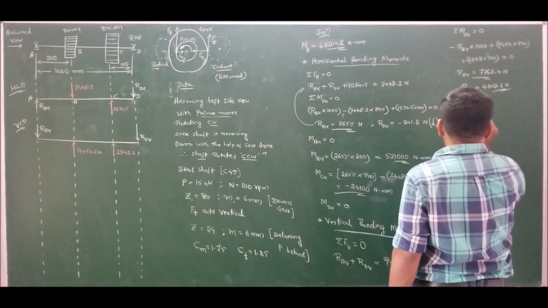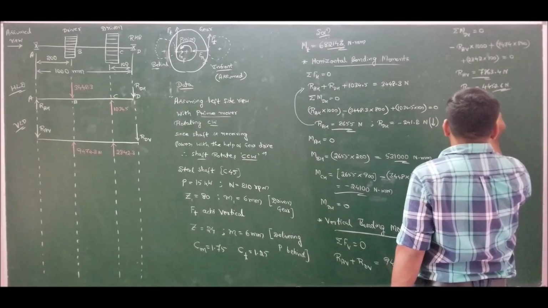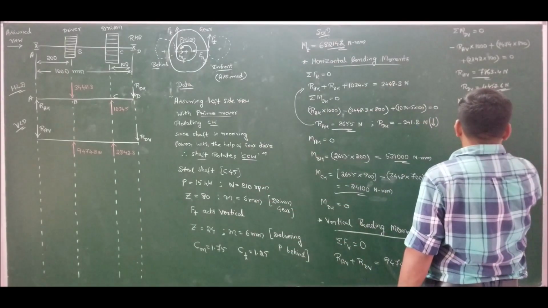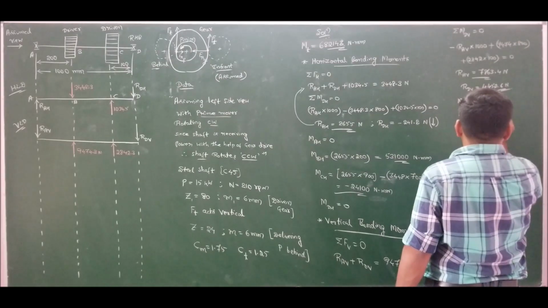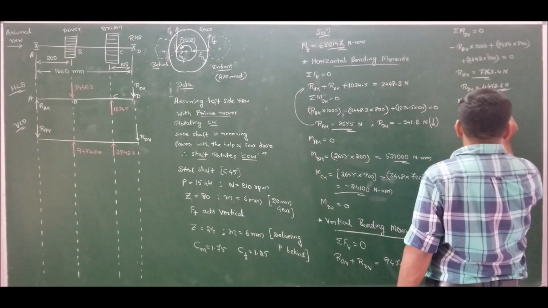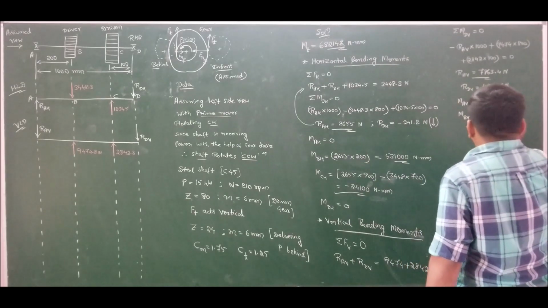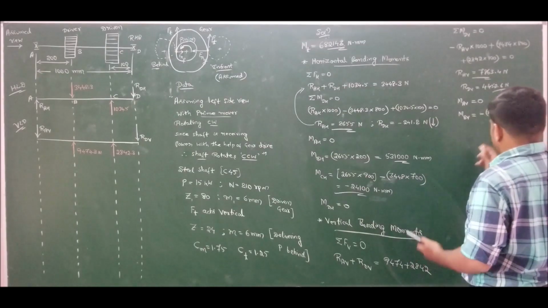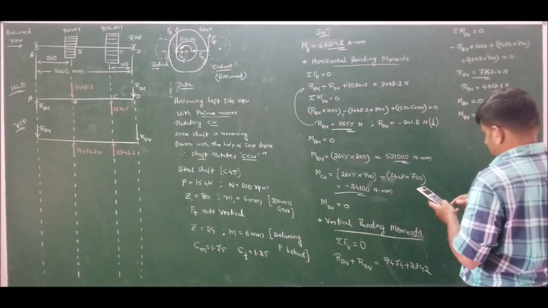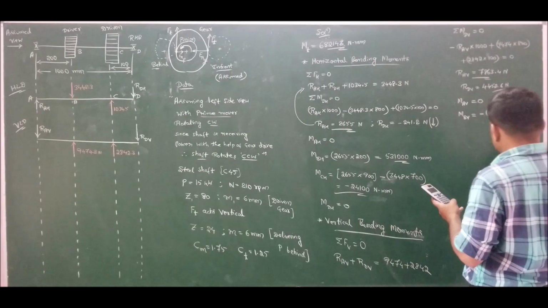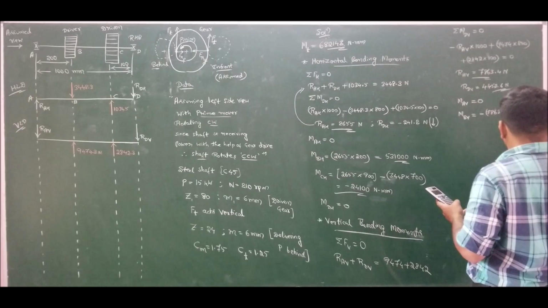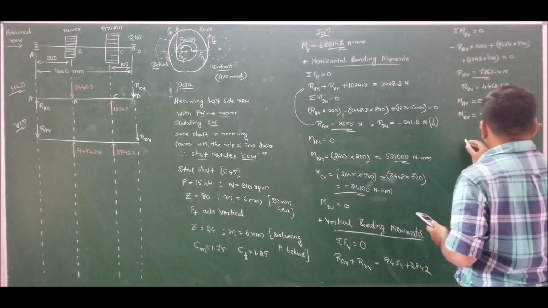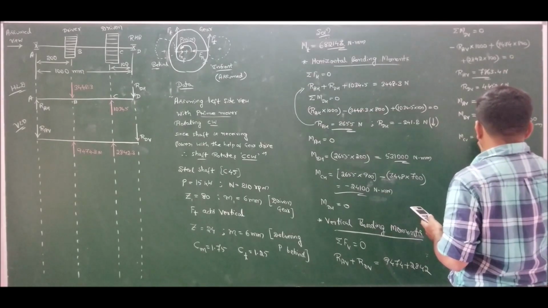Moment about B vertical: RA vertical is causing counterclockwise moment, so therefore minus 7863 into distance is 200, which yields us the value as minus 7863 into 200 is minus 1,572,600 Newton millimeters.